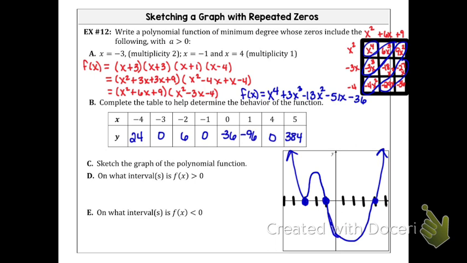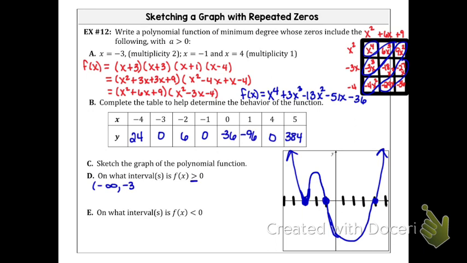So it says on what interval is f of x greater than 0? So where is it above the x-axis? Now just be careful, that was supposed to hit right there. Didn't look like it really did too much. And so I can see it's above the x-axis on the far left there. So from -infinity all the way to that 0, which is at -3.